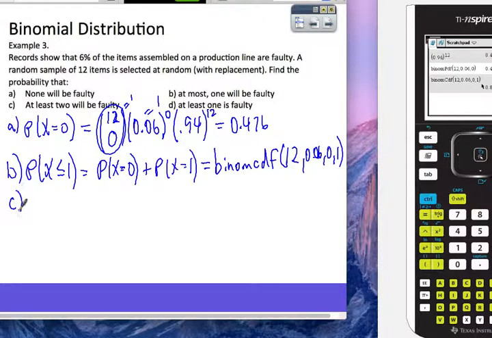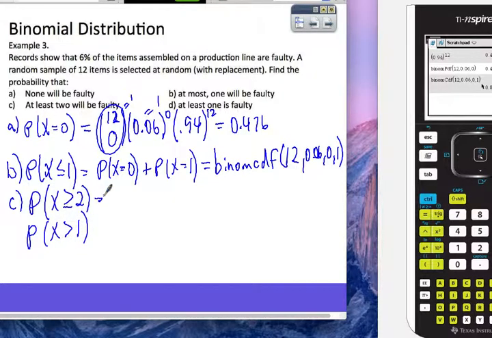In part C, it says at least 2 will be faulty. So for at least 2, it's going to be greater than or equal to 2. And just to show you here, greater than or equal to 2 can also be written as the probability of x being greater than 1. That's equivalent, all right?